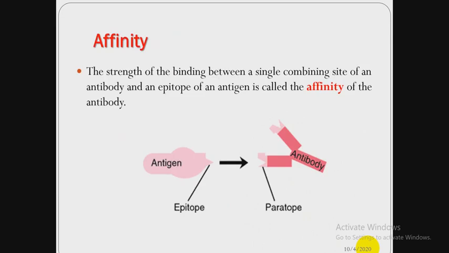Affinity is the strength of the binding between a single combining site of an antibody and an epitope of an antigen, and we name this strength as affinity of the antibody.